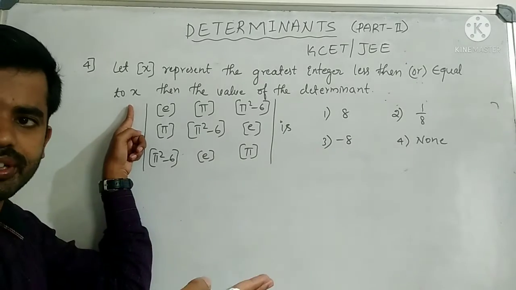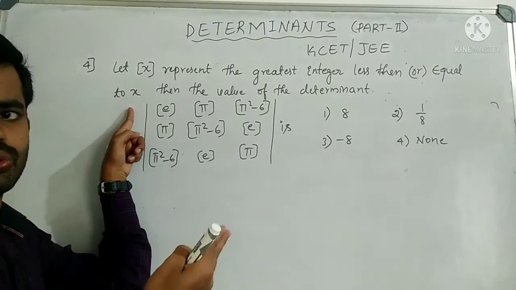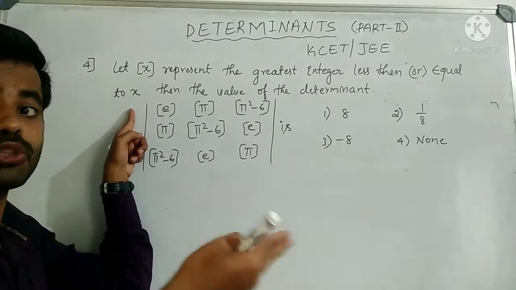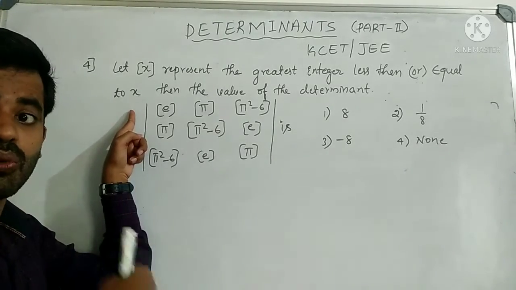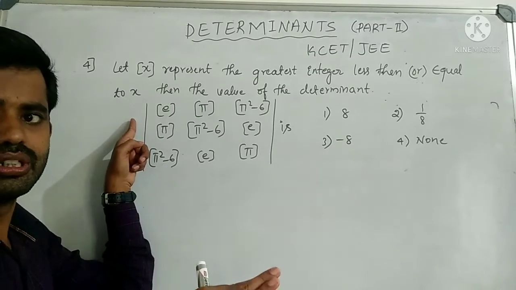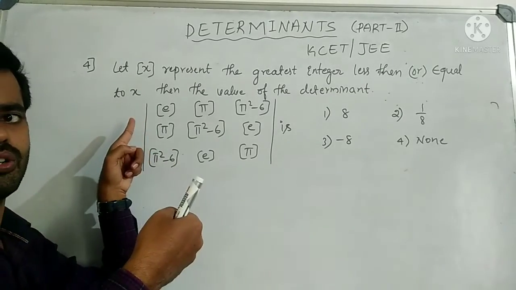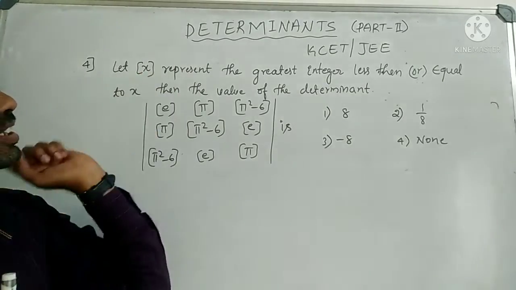What is the greatest integer function for 2.1? 2. For 2.9? 2. For 2? 2 itself. Understood? Then for 1.9? It becomes 1. Okay? That is the greatest integer function.